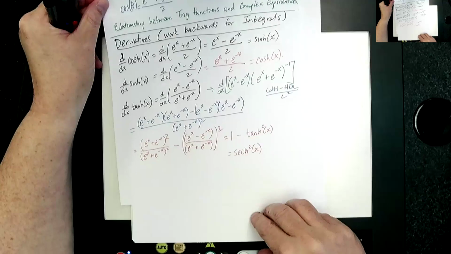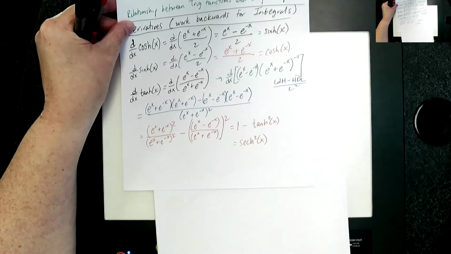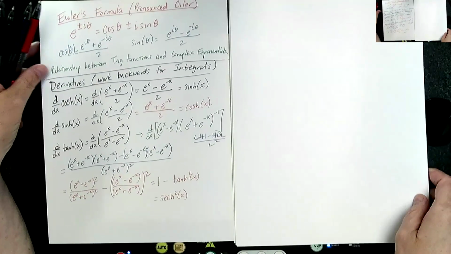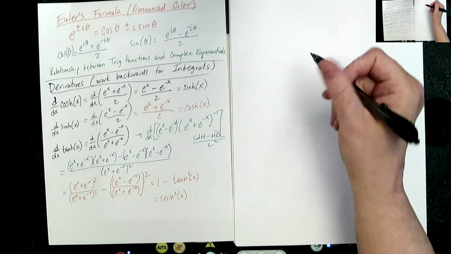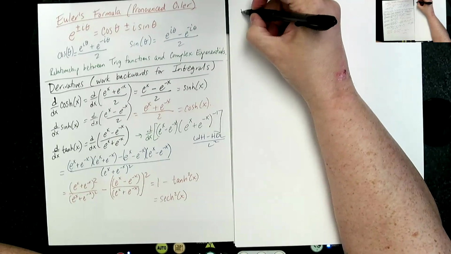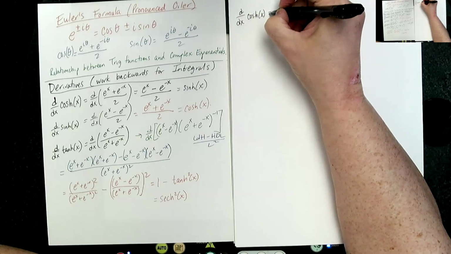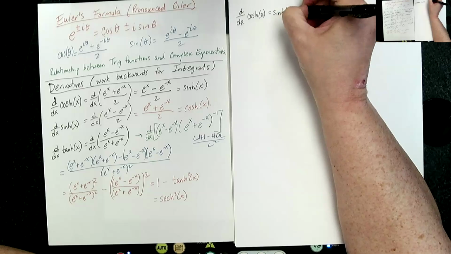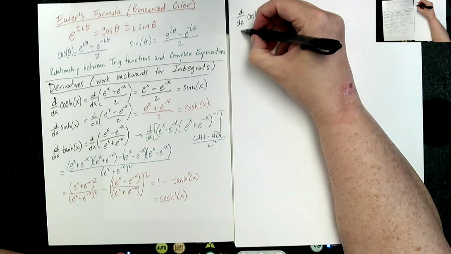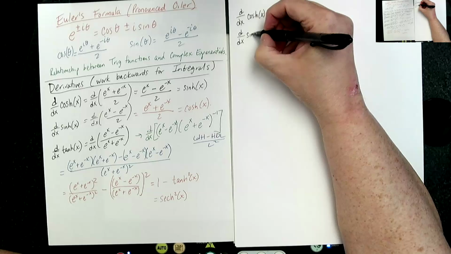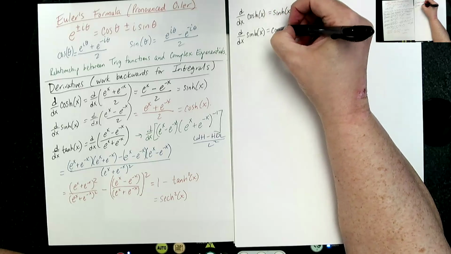So let's make a list of all of them without all the extra stuff in the way. That's kind of what you want. You're like, I don't want to have to go through my notes for all this. So d/dx of cosh x is sinh x. And d/dx of sinh x is cosh x.